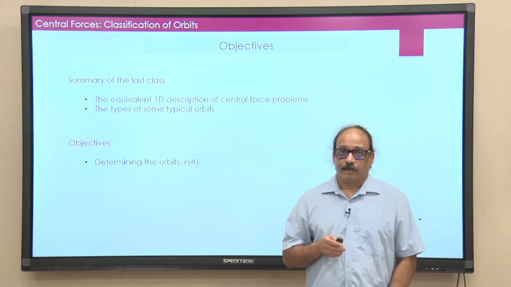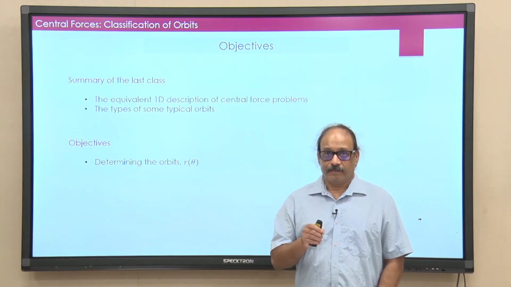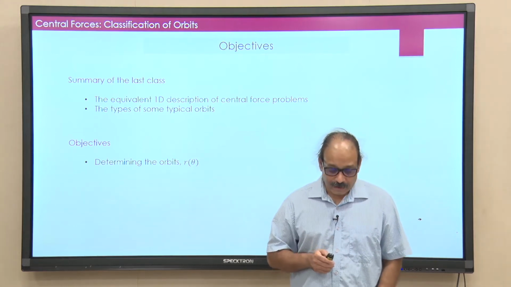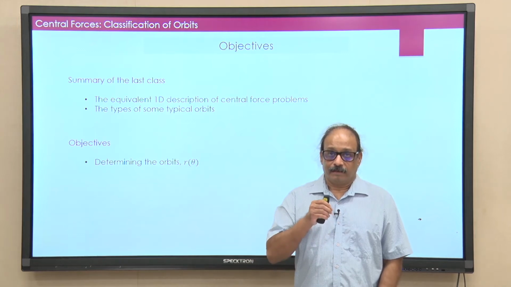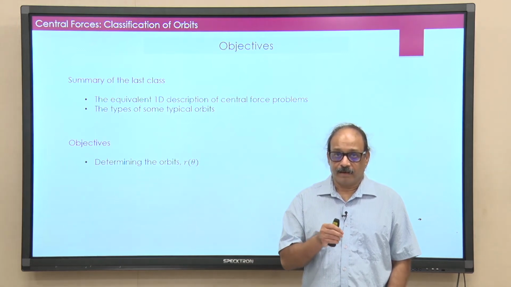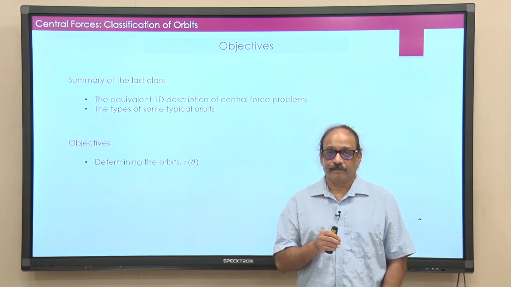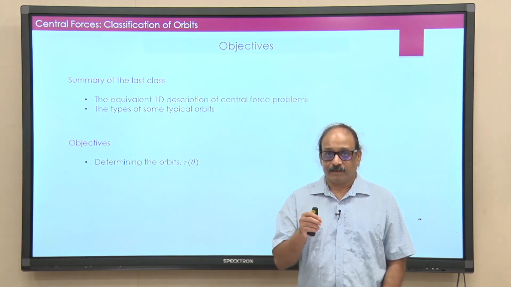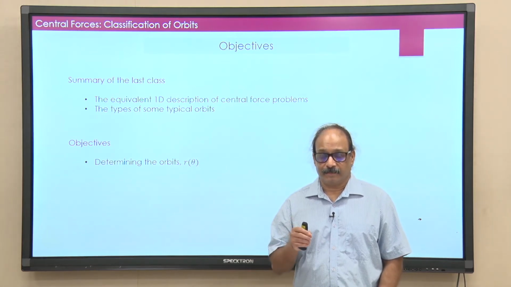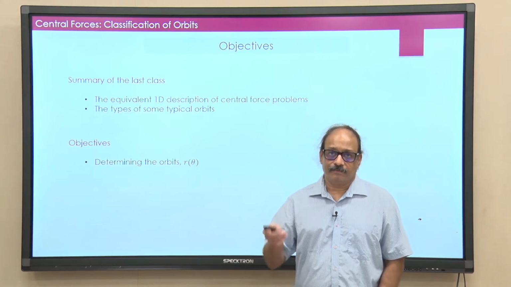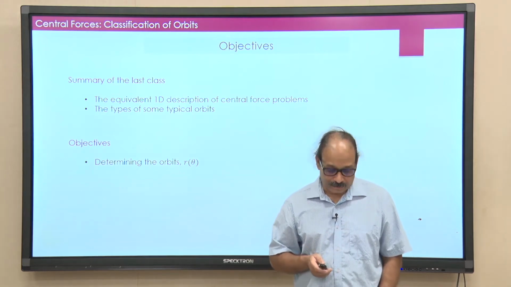We want to determine the orbits, and by orbit what I mean is the position or the distance of the particle from the origin in terms of theta, or in general a curve that a particle follows.